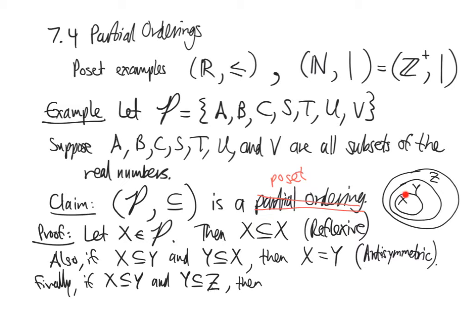Well, we can see here that x has to be a subset of z. And that's exactly what it means to be transitive. So this is a third example of a poset. It's a set of sets, and we're using the subset relation as our relation.